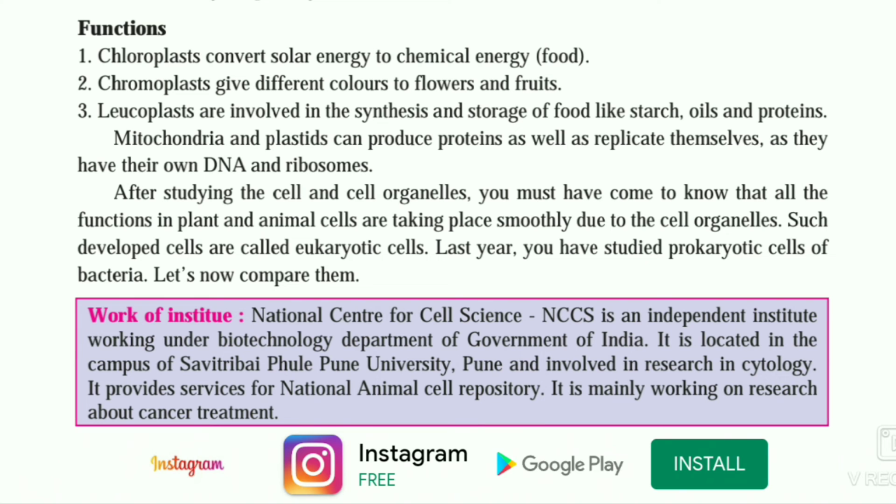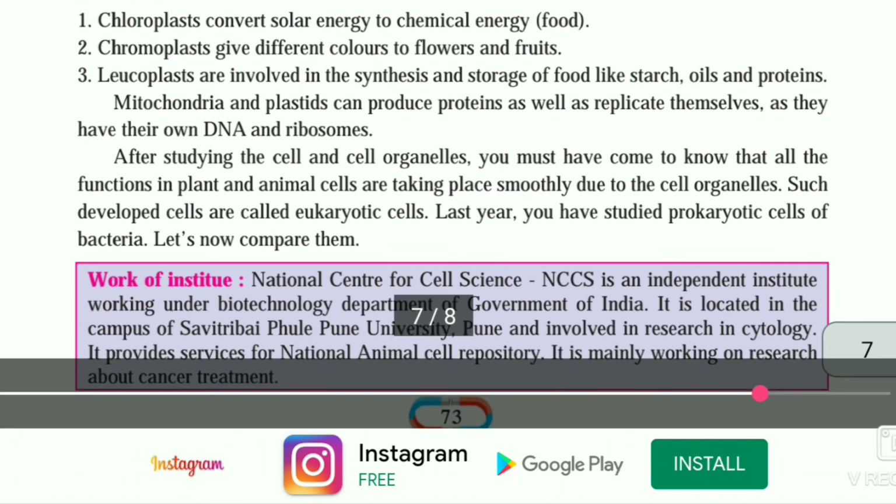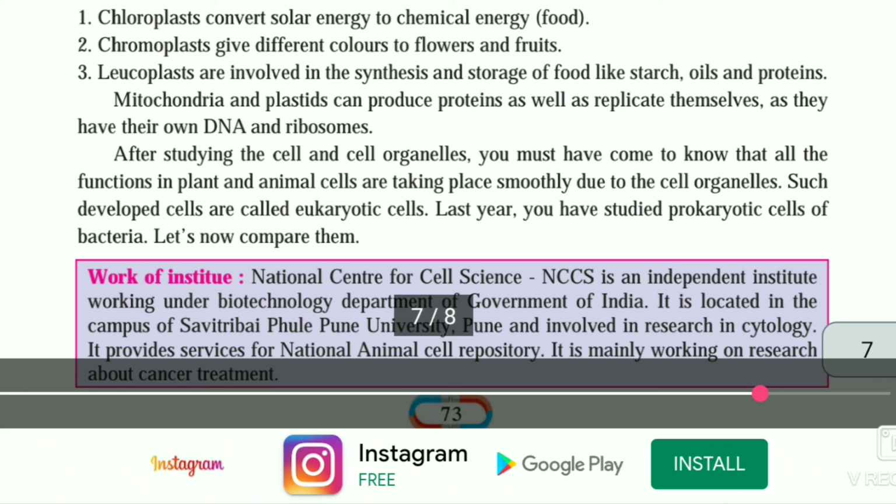Mitochondria and plastids can produce proteins, as they have their own DNA and ribosomes. After studying the cell organelles you must have come to know that all the functions in a plant and animal cell take place mostly due to cell organelles. Such developed cells are in eukaryotes, while prokaryotic cells are in bacteria.